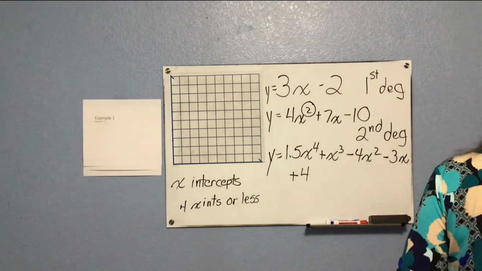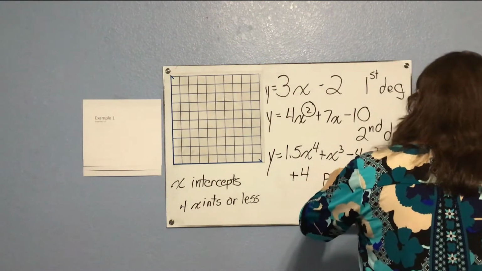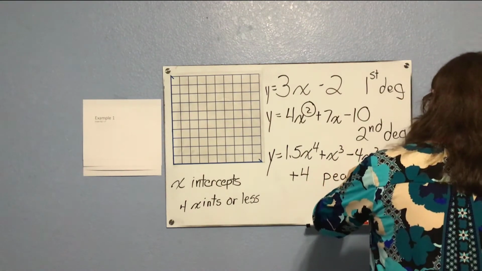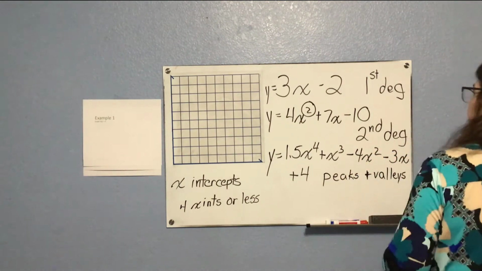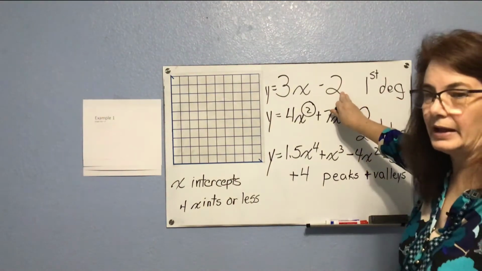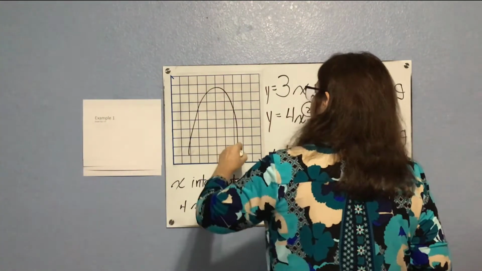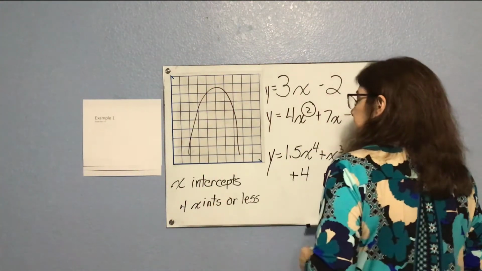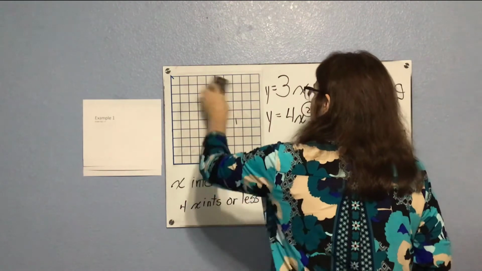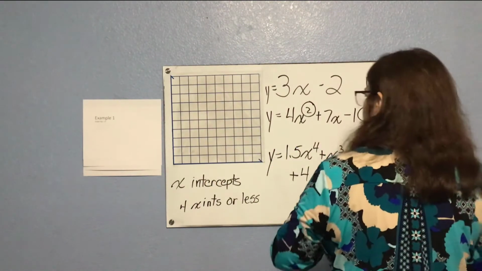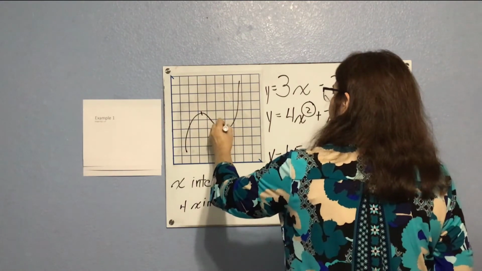The other rule is about peaks and valleys. A linear function doesn't have peaks and valleys. It's a straight line. A quadratic function might look like this and have one peak. A third degree function frequently looks something like this, and I have one peak and one valley.